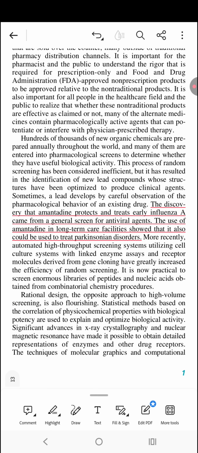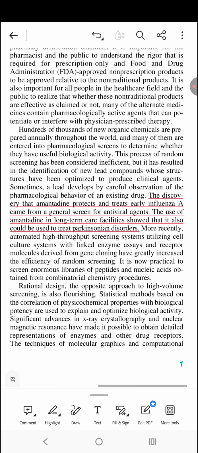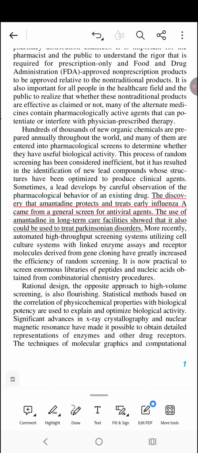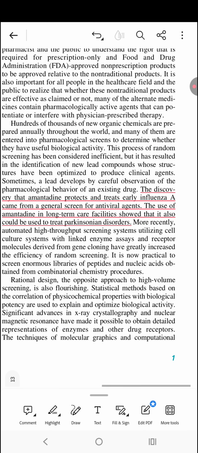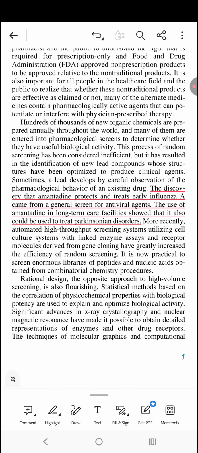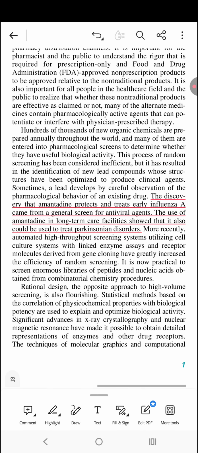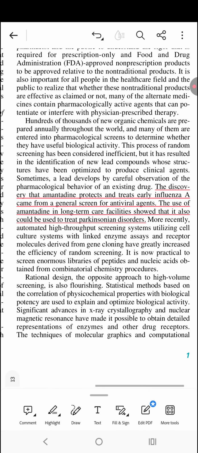More recently, automatic high-throughput screening systems utilizing cell culture systems with linked enzyme assays and receptor molecules derived from gene cloning have greatly increased the efficiency of random screening. It is now practical to screen enormous libraries of peptides and nucleic acids obtained from combinatorial chemistry procedures.